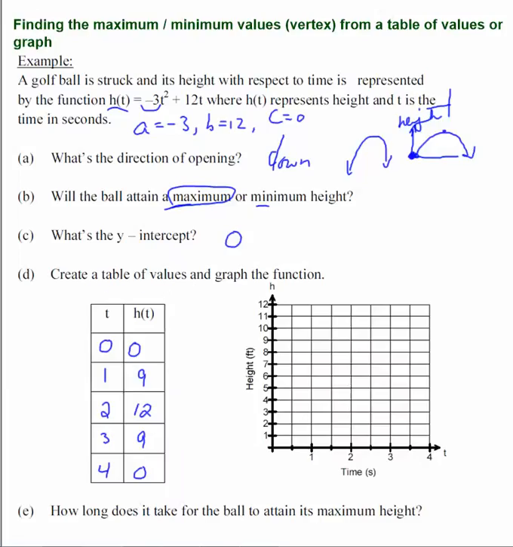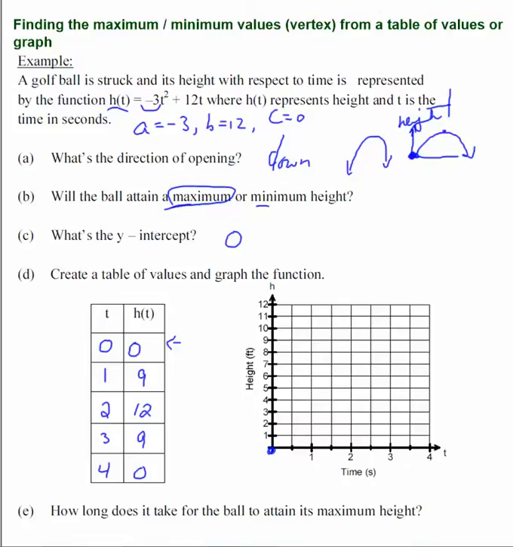From the values, we see that here are our times from 0 up to 4 seconds. The ball starts at a height of 0, goes to 9, reaches a height of 12, travels back down to a height of 9, and then a height of 0. Plotting that here: 0, 0, so time of 0, height of 0.